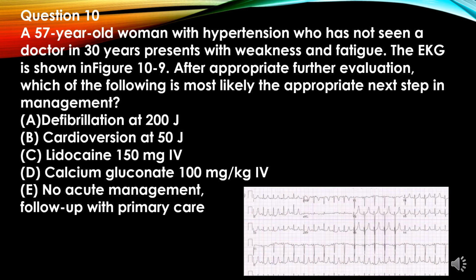A. Defibrillation at 200 joules. B. Cardioversion at 50 joules. C. Lidocaine 150 mg IV. D. Calcium gluconate 100 mg per kilogram IV. E. No acute management. Follow up with primary care.